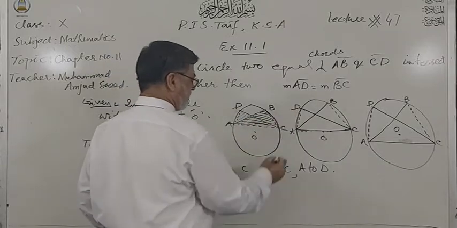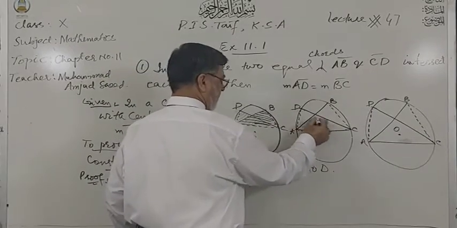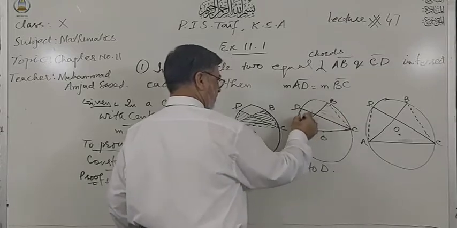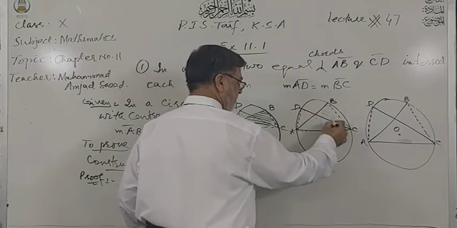In all cases, triangle ABC, then triangle ADC, like this.